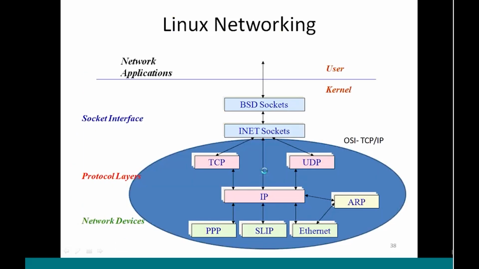I also wanted to put this picture here, which summarizes all our discussions so far. The Ethernet layers are the lowermost layers, which is the link layer, which goes into the network layer, the IP layer, and then you have the transport layer, which is the TCP layer.